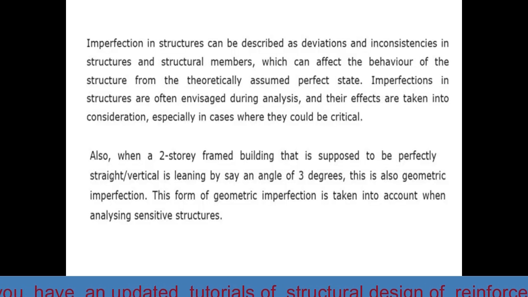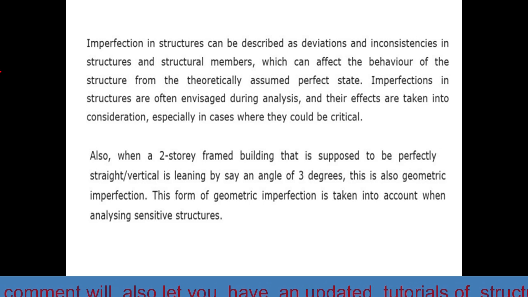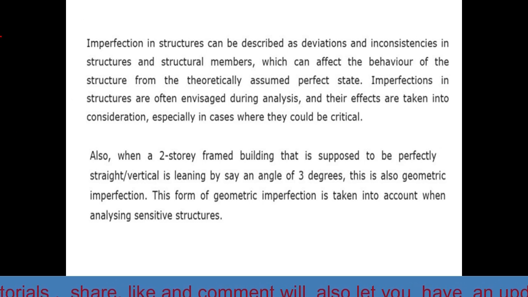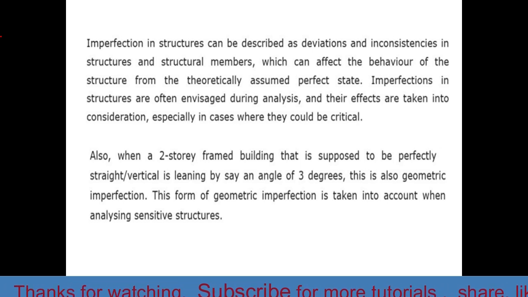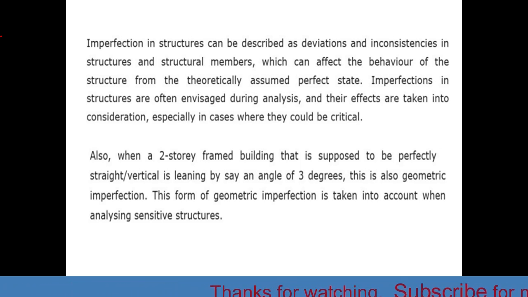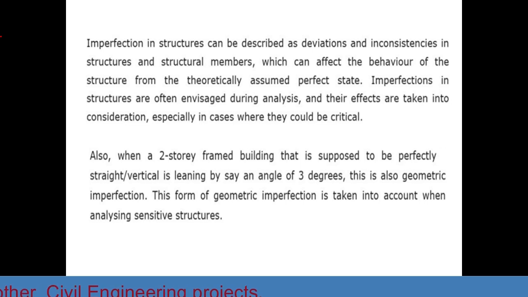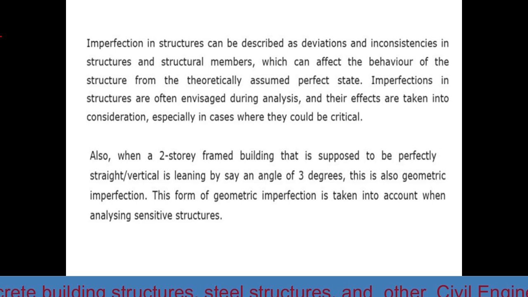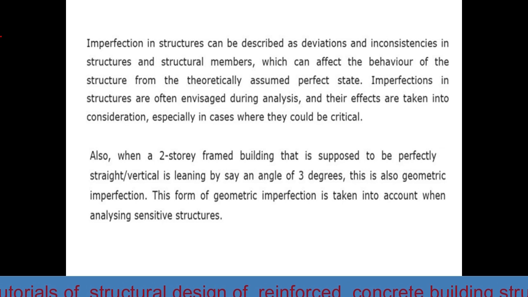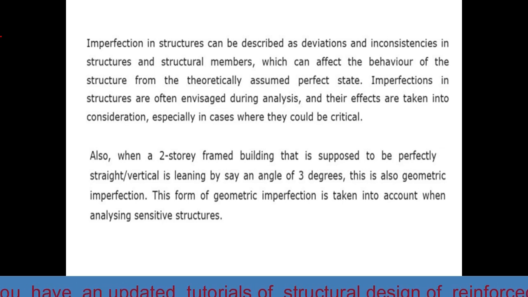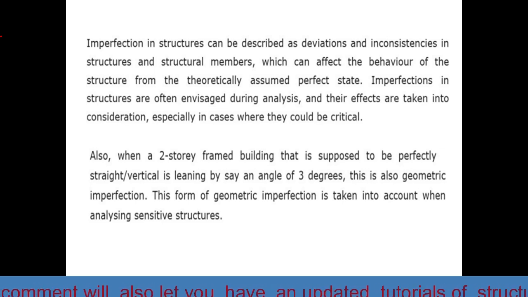Here the term imperfection is used to describe the problem of accuracy, or the problem of the straightness of the member during the construction of the structures, or it is the term used for the problem of imperfection regarding the fabrication of the materials.